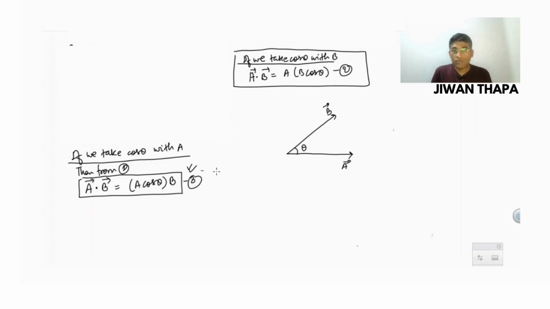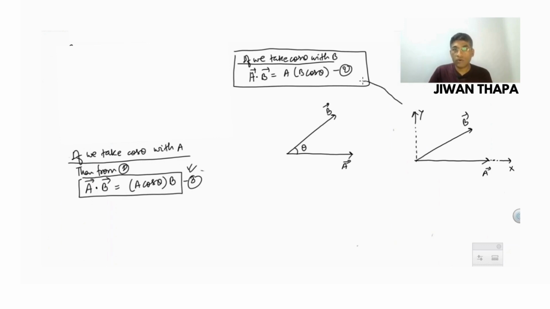Now what we do, if you see the previous figure, vector A was along the x-axis and we had this y.